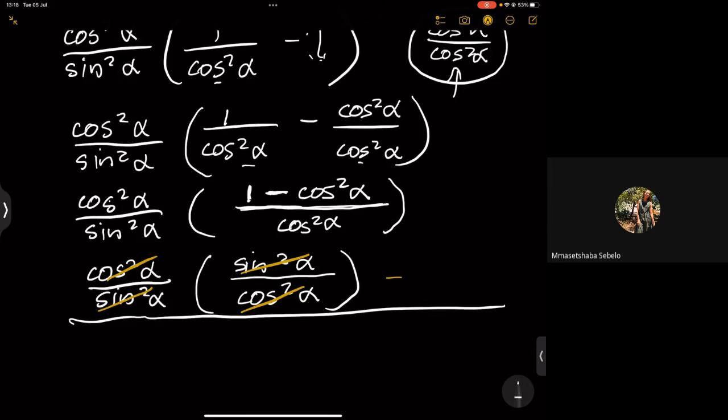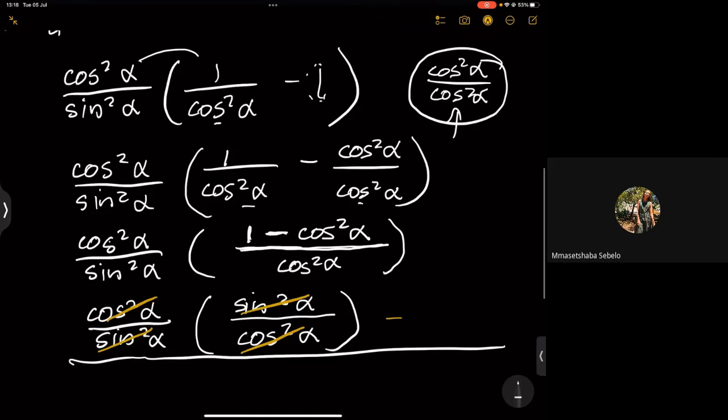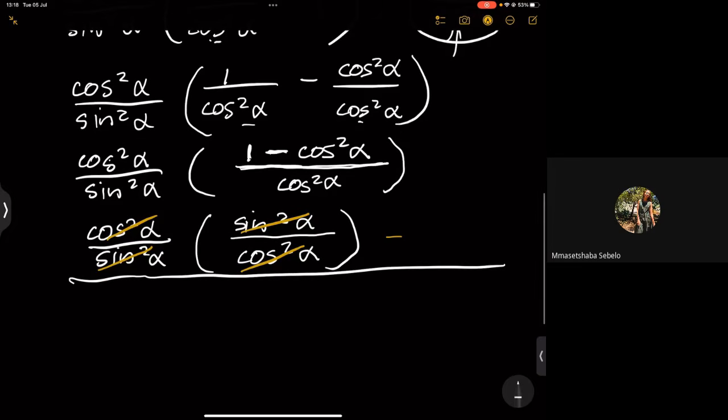If I multiply into the bracket, cos squared would cancel the cos squared there, so you would end up with 1 over sine squared of alpha. In fact, let me just show it so that I don't confuse you.